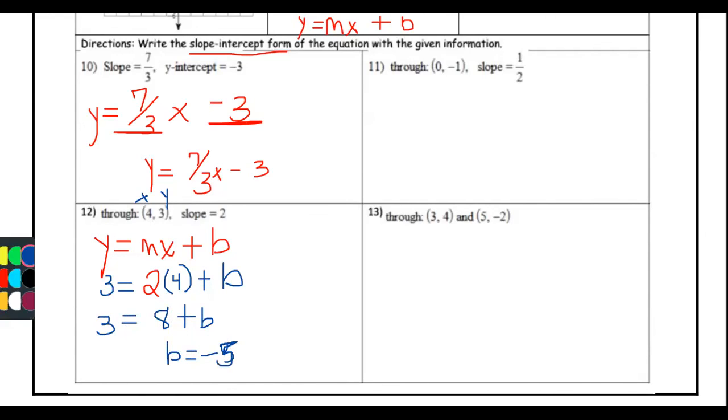I can rewrite this equation like I need to. So my final answer is going to be y equals 2x minus 5. That would be the equation that goes through the given information in slope-intercept form, okay?